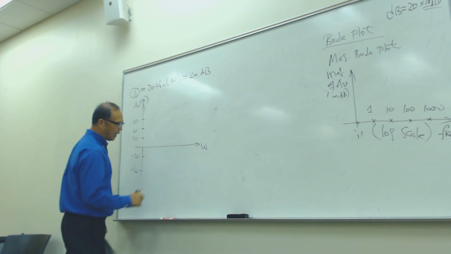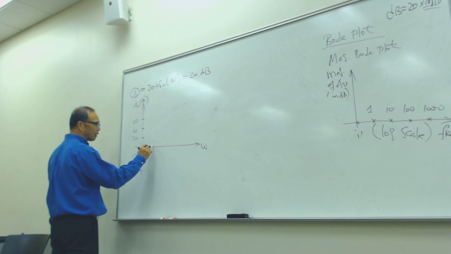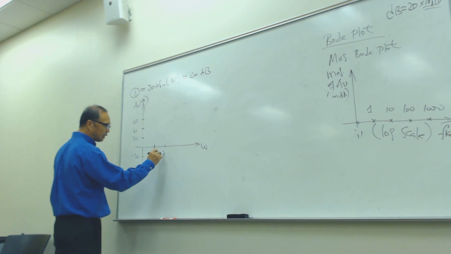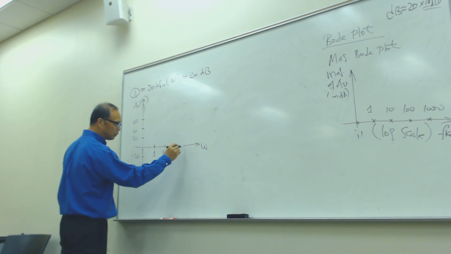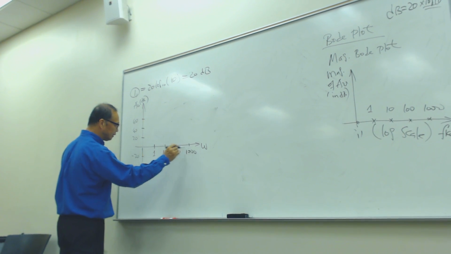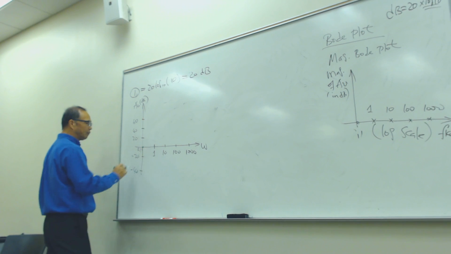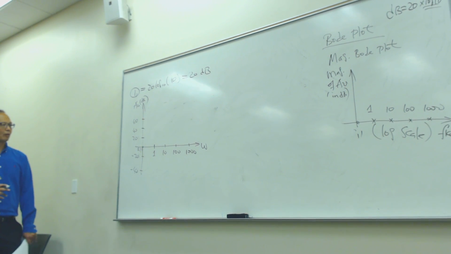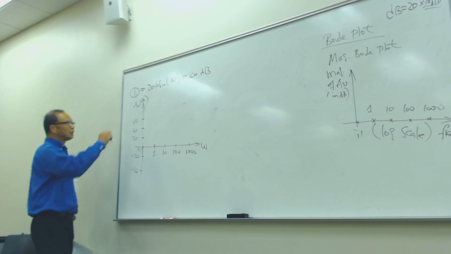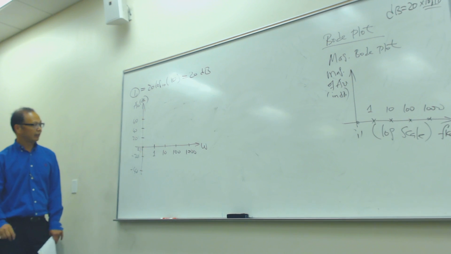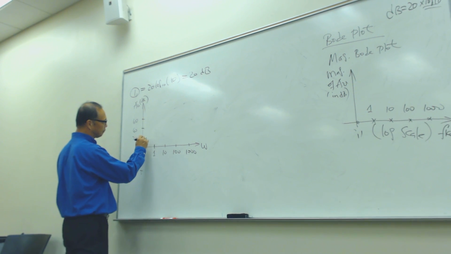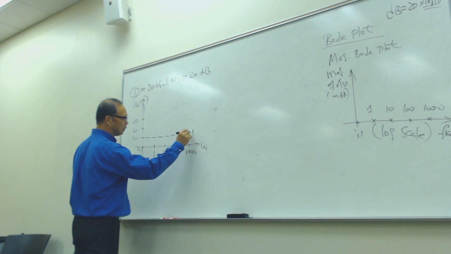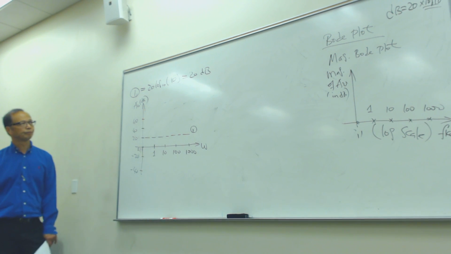In the x-axis, it is the log scale, right? 1, 10, 100, 1,000. So this must be 0.1, right here. So if you just plot the first component, it is a constant, yes? 20 dB.